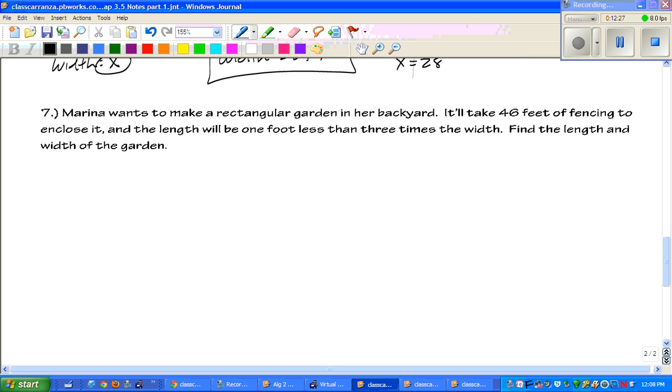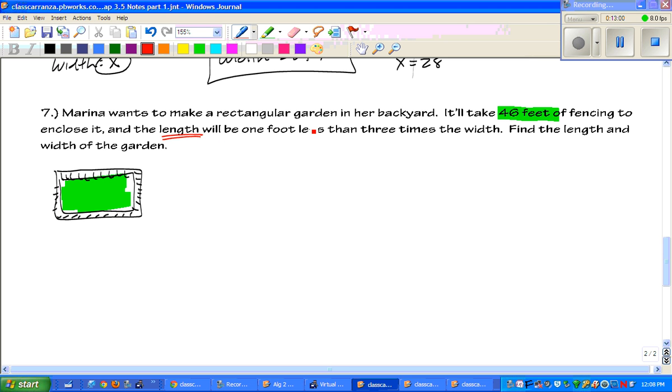All right, Maria wants to make a rectangular garden in her backyard. It takes 46 feet of fencing to enclose it. Okay, so same thing as last time. We got all this fencing going around her garden, and the garden's inside. Okay, now let's read what it says.